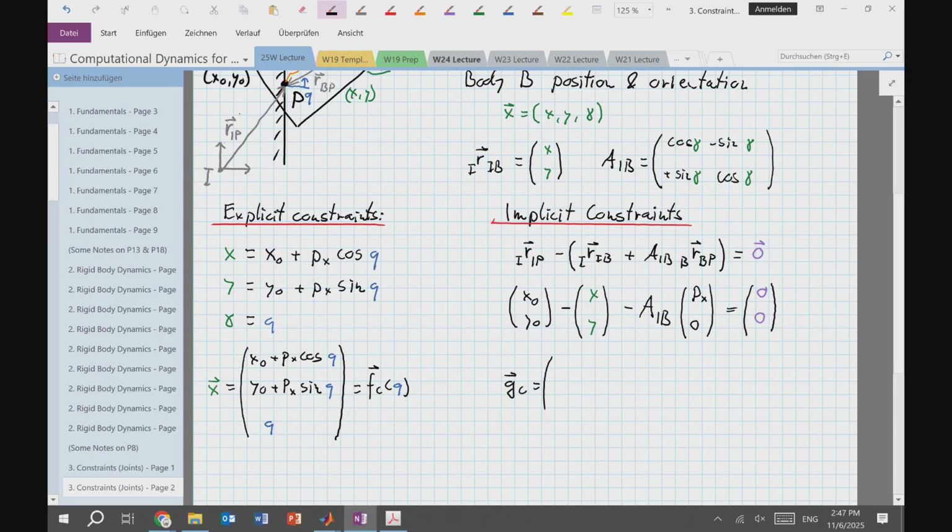as being x naught minus x minus px times cosine of gamma. And in the y direction, my constraint is y naught minus y minus px times sine of gamma.